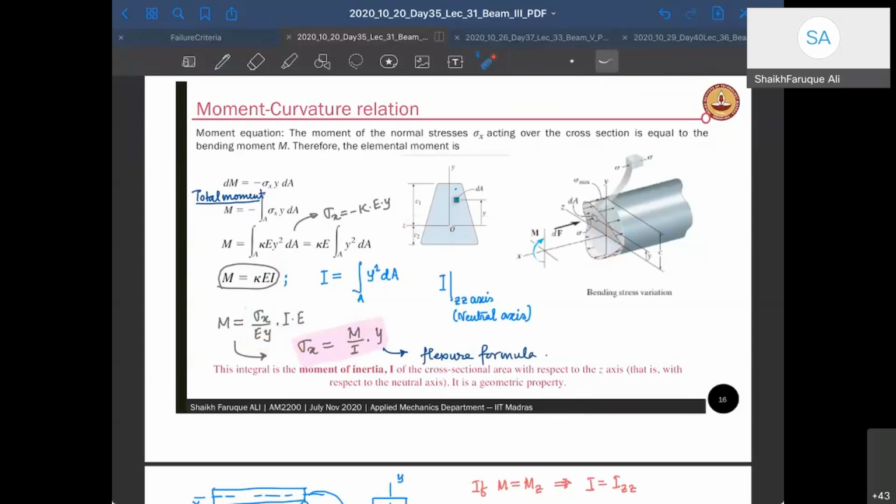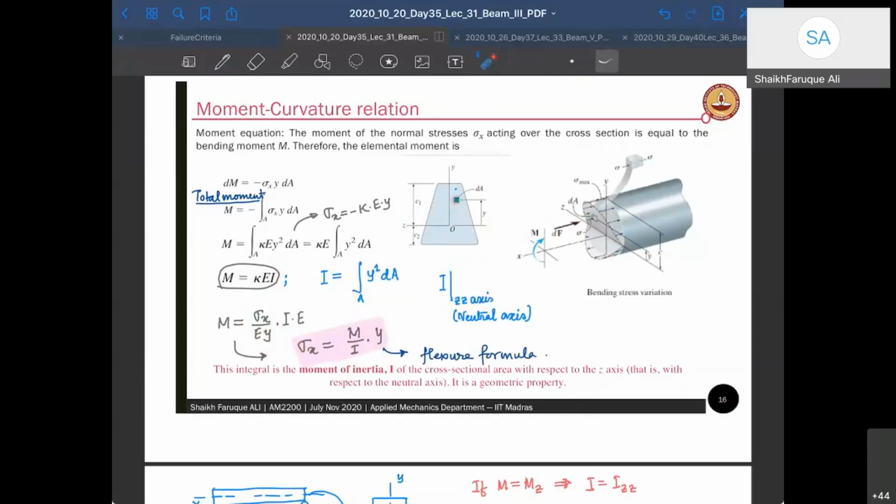It's better in the beginning to write it as about the Izz axis because the bending is taking place about this z axis, and therefore it's written as Izz.